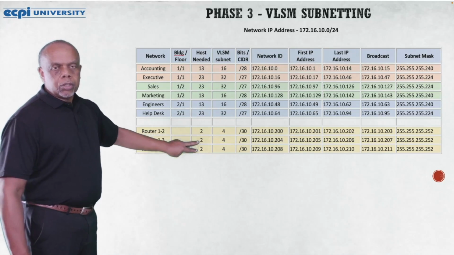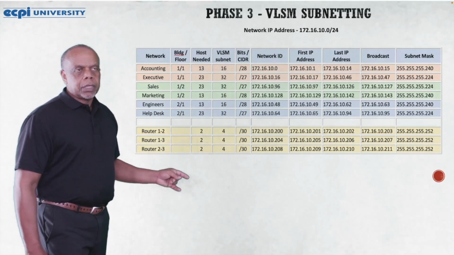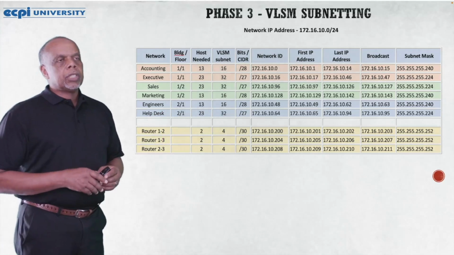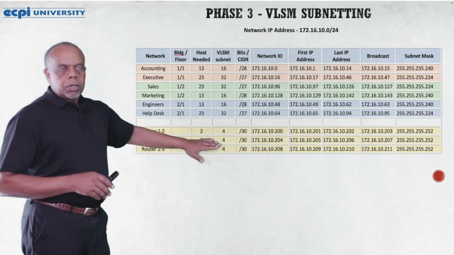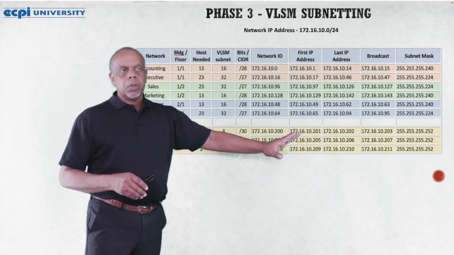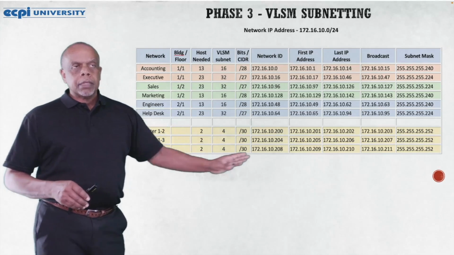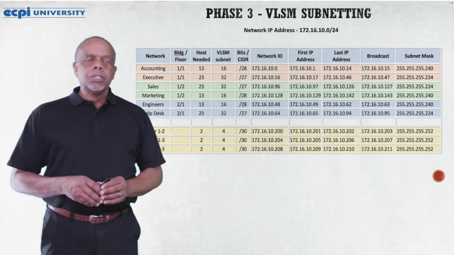Each one of those needs 2 IP addresses, one for each interface on each end of the route. So it's going from 200, 201, 202, 205, 206, 209, 210.